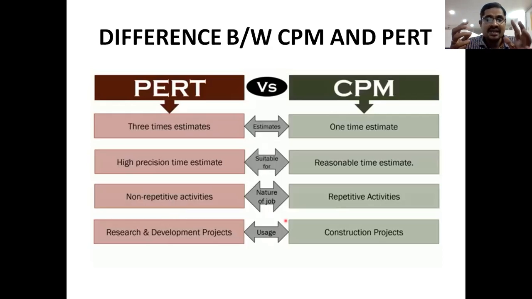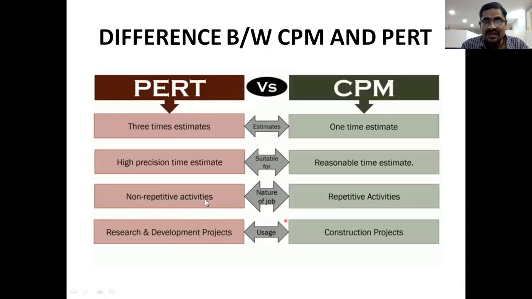Satellite development and releasing it in the sky. This is a very huge contract. So in this particular contract, the activities are non-repetitive because this project belongs to very huge contracts. That's why non-repetitive activities are there.